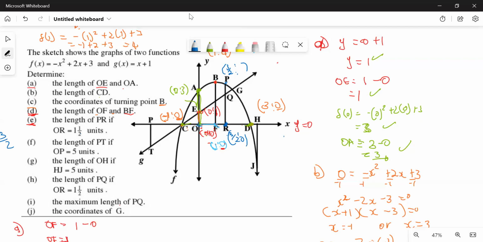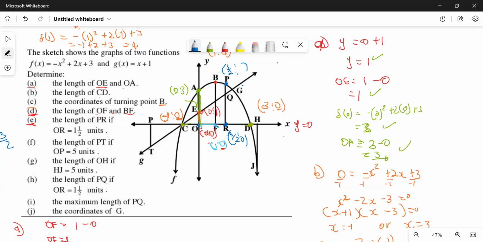Guys, are we still here? So what are going to be the coordinates of P? 3,5. Why 3,5? Why specifically 3,5?